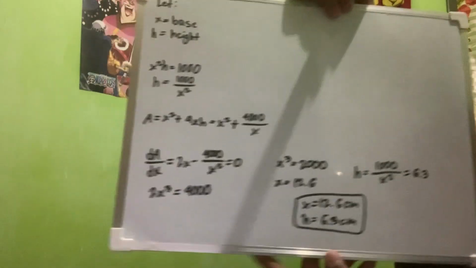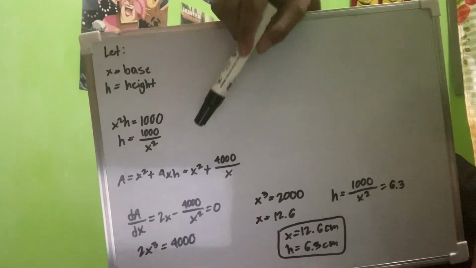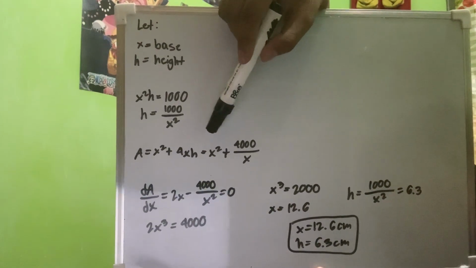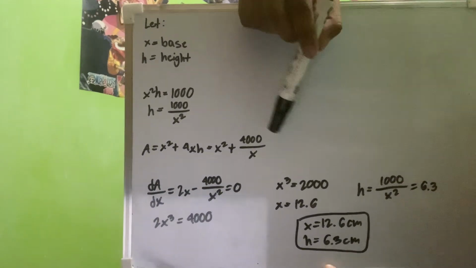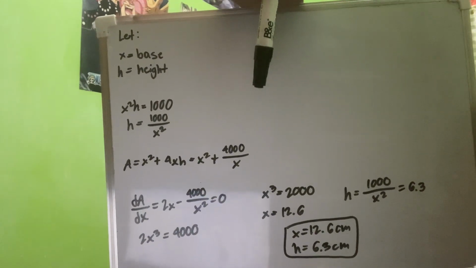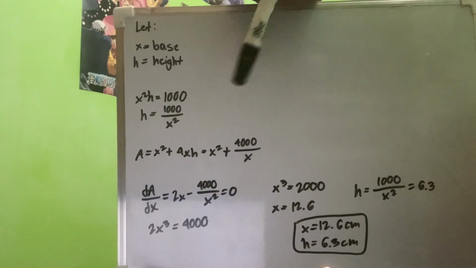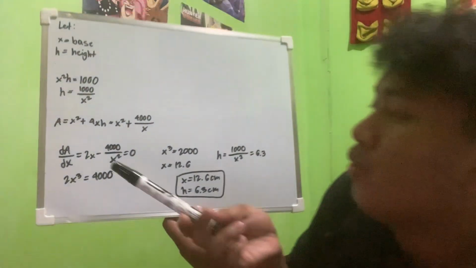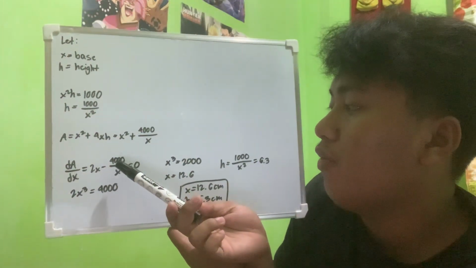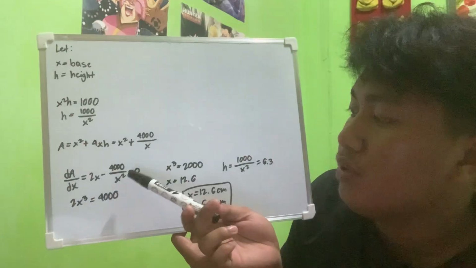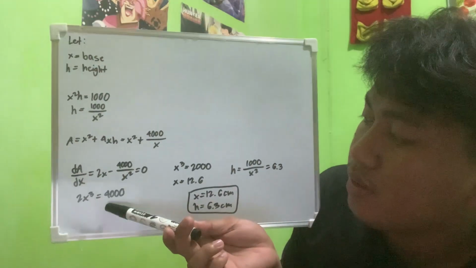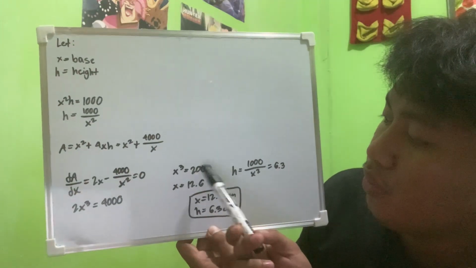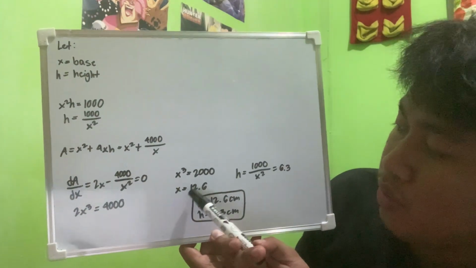So the surface area is A equals x squared plus 4xh equals x squared plus 4000 over x, and we're going to differentiate it. Then dA over dx equals 2x minus 4000 over x squared equals 0, then 2x cubed equals 4000, x cubed equals 2000, then x equals 12.6.